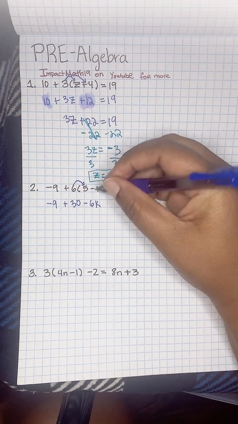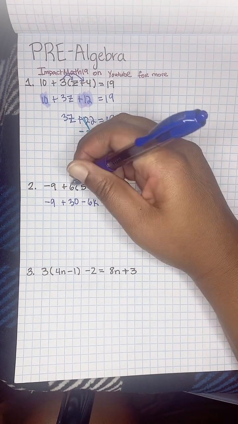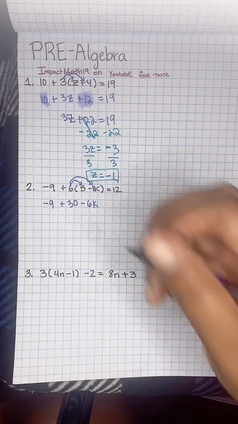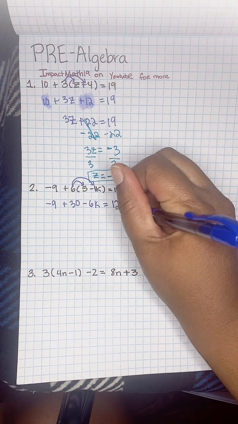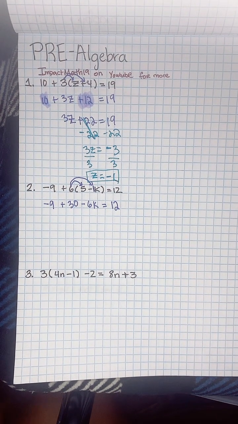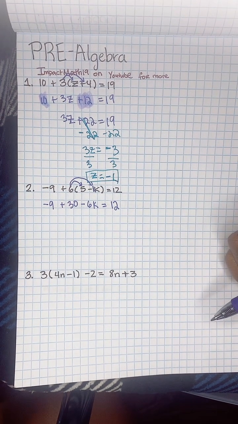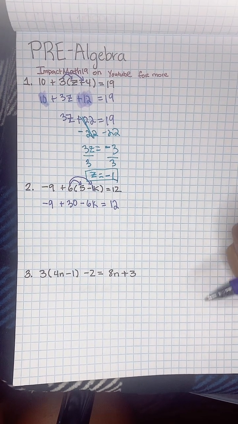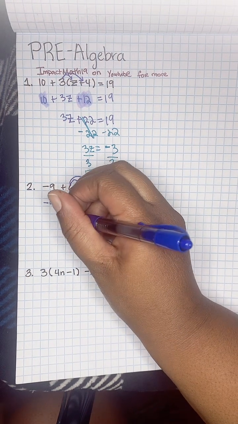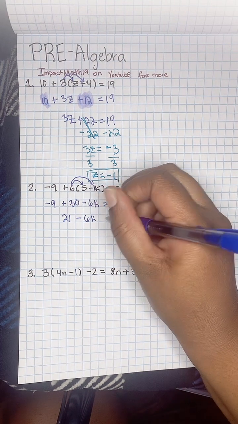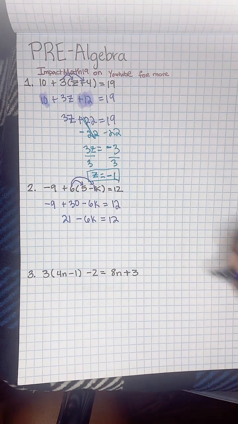And remember, there is a negative 1 here, so you're doing 6 times negative 1. That's how you get that negative 6 there. Equals 12. And then negative 9 plus 30 gives us 21 minus 6K equals 12.